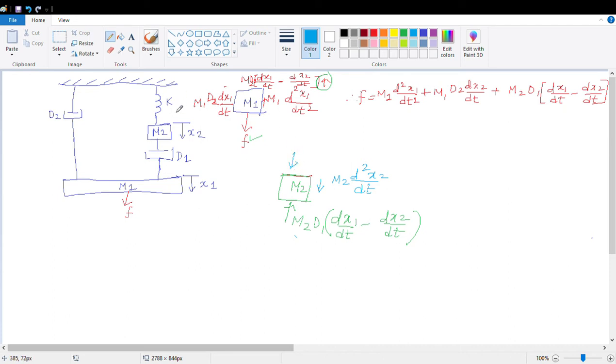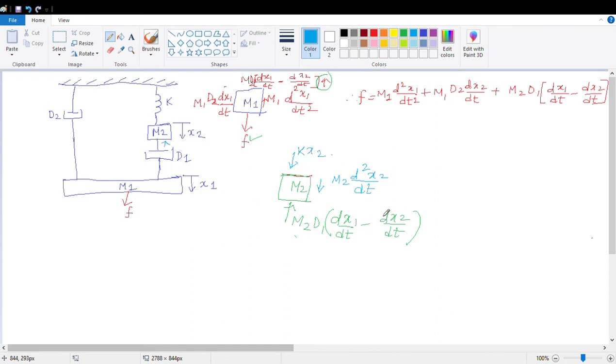The spring is compressed by the value x2 due to the applied force, so it gives a repulsion of k x2, depending on its elongation, in the opposite direction of the force applied on mass M2.